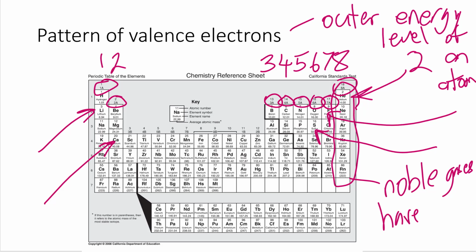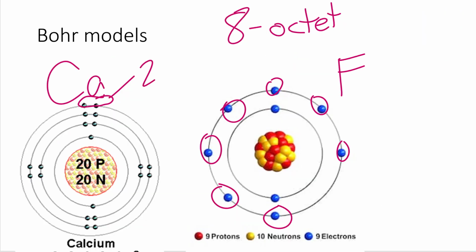And as you remember, noble gases are stable. They don't want to interact with any of the other atoms. They're happy with it the way they are. That means that every other atom is trying to be like a noble gas in its electron configuration, in its electron state. And when it does, it becomes stable too.